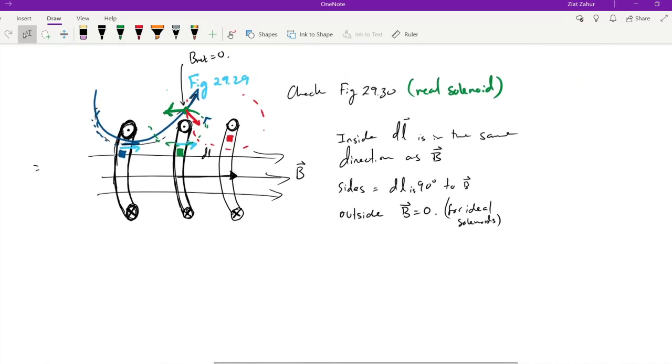So anyway, the outside is 0. I can always turn this down. There we go. So the outside is 0.